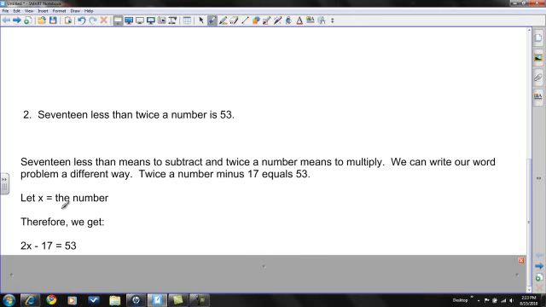So we get twice a number, 2x, minus 17 equals 53. And we have taken the word problem, rewritten it a little bit differently so that we could understand it better, and come up with an equation that we can use to solve this word problem.